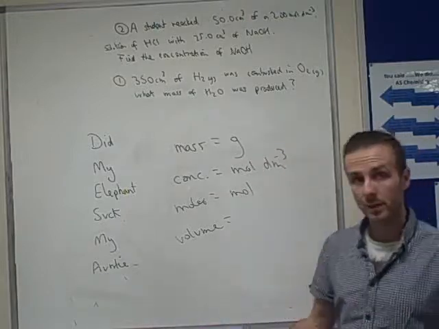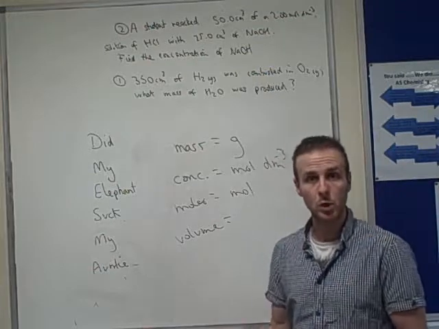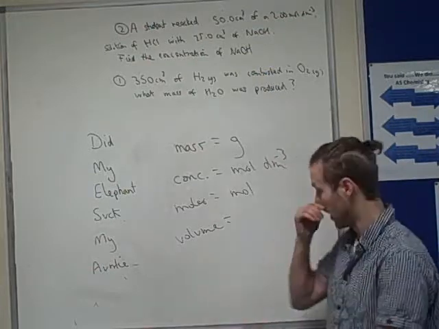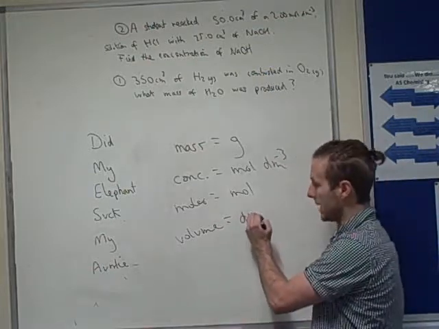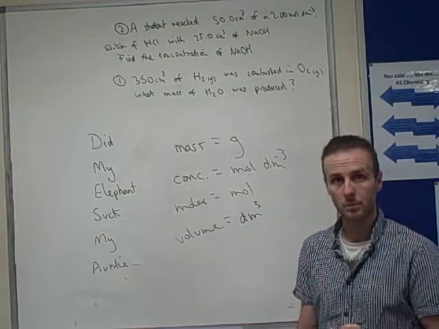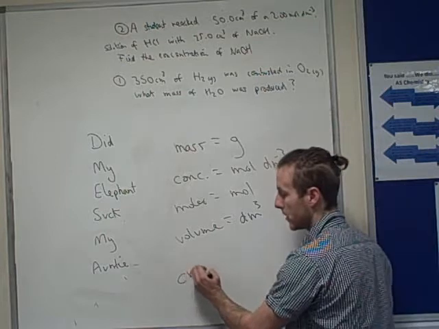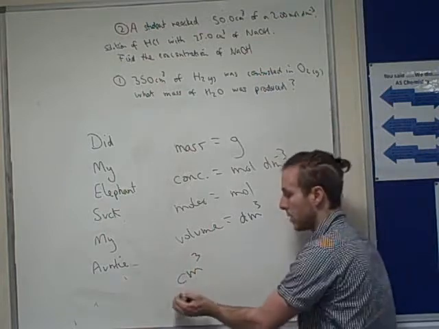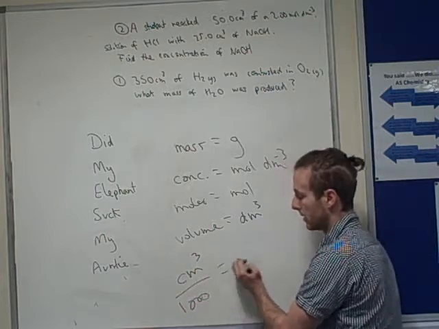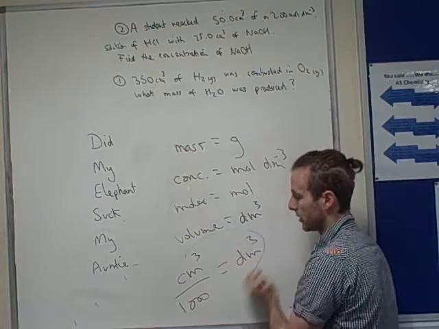We need to convert it from centimetres cubed into decimetres cubed. So the volume needs to be in decimetres cubed. How do you convert centimetres into decimetres? If you take your centimetres cubed and you divide it by 1,000, you'll get your decimetres cubed.